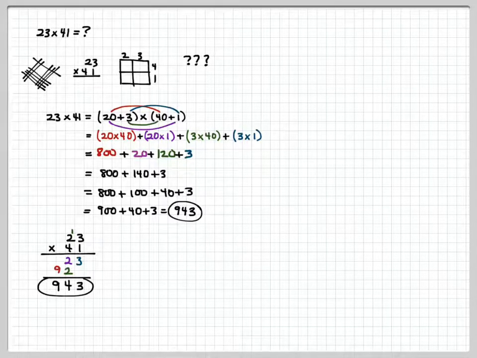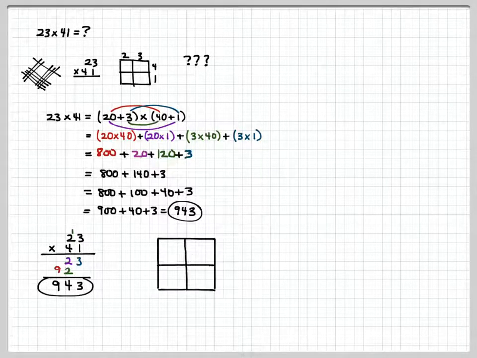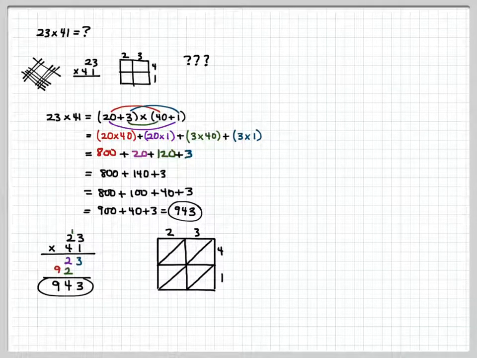Okay. Another method some people have seen is the so-called lattice method. So you make a grid, since these are two-digit numbers, it's a 2 by 2 grid, and I'll put 23 on the top, 41 on the side, and then I put diagonal lines like so. Now, in each square, I multiply the number above and the number to the right to find out what goes in that square. If it's just a single digit, I put it on the bottom side of the square.